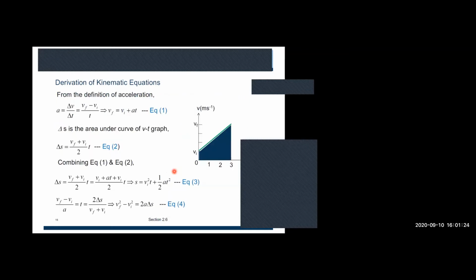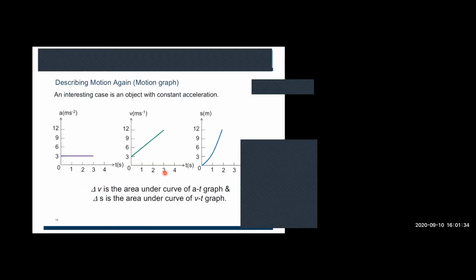Why is VF plus VI divided by 2? It is just the case when you are having a constant acceleration and you will have the velocity that keeps changing from time to time. So this is the changing velocity.